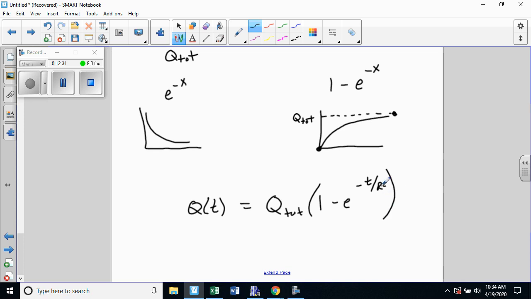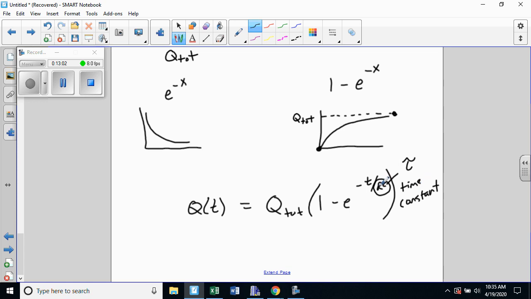Now, this RC right here, this is what we call tau, the time constant, okay? And you'll notice that in varying the resistance and the capacitance, you can vary how long this thing takes to fully charge up. The higher the resistance and the higher the capacitance, the longer it takes to charge it up. So this product RC relates to how long it takes to charge the capacitor fully.